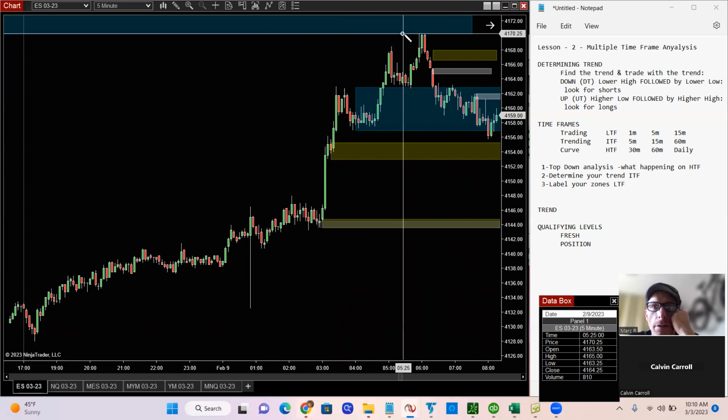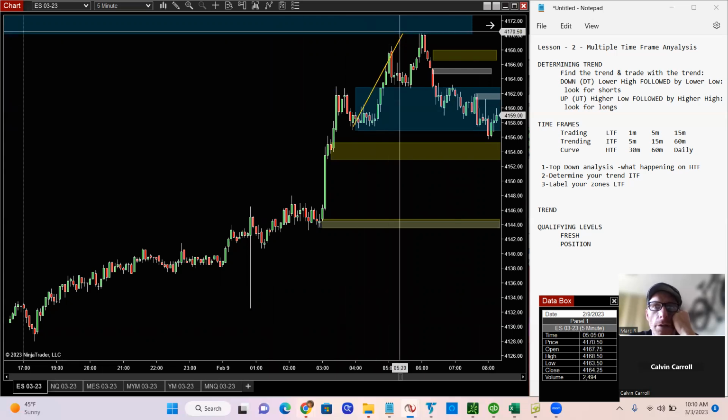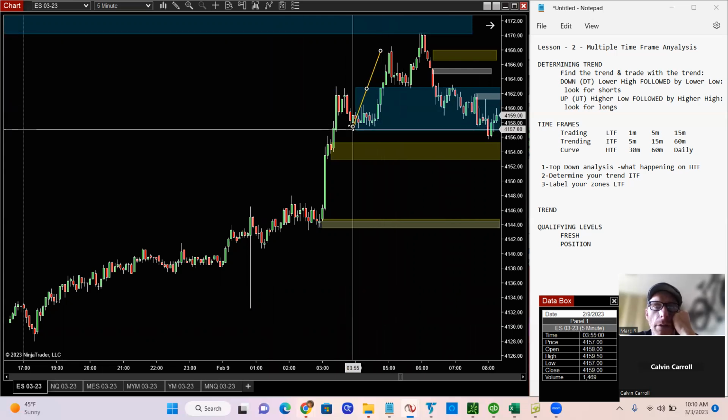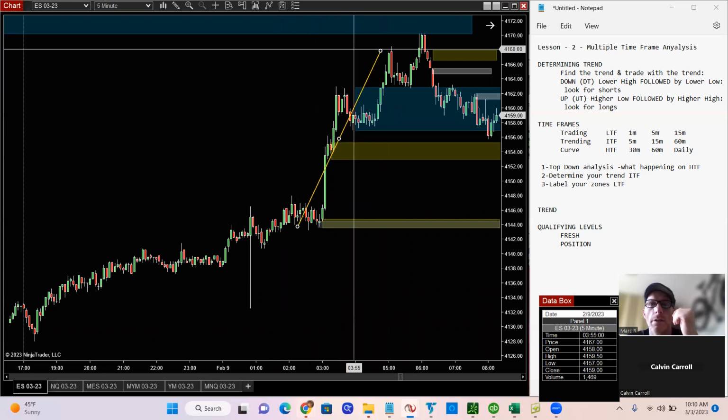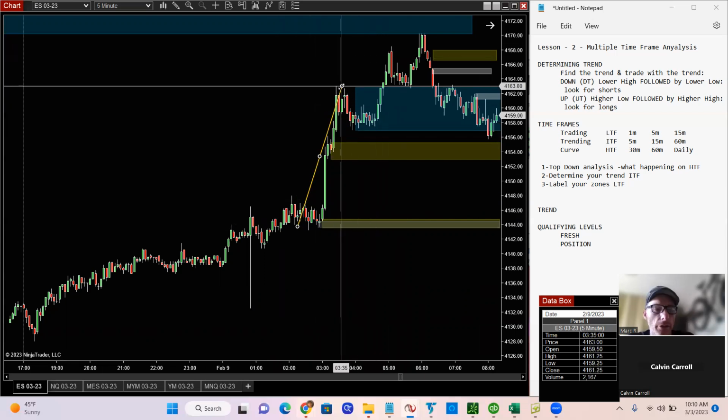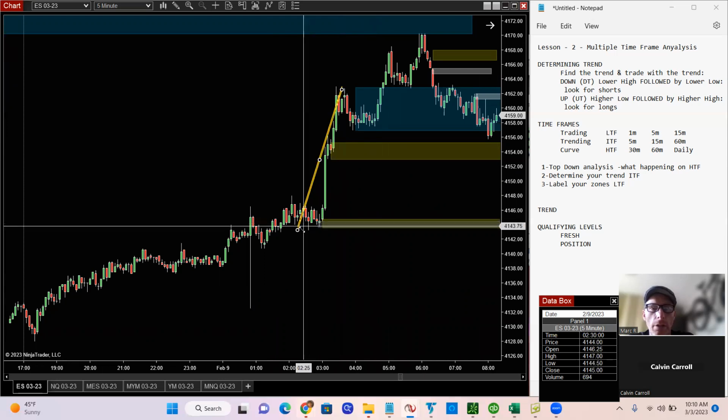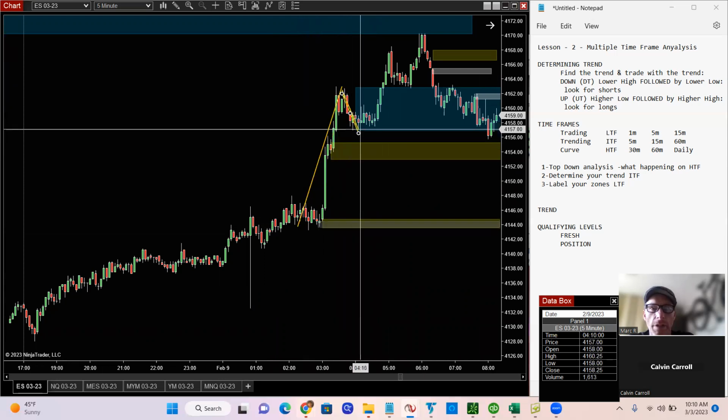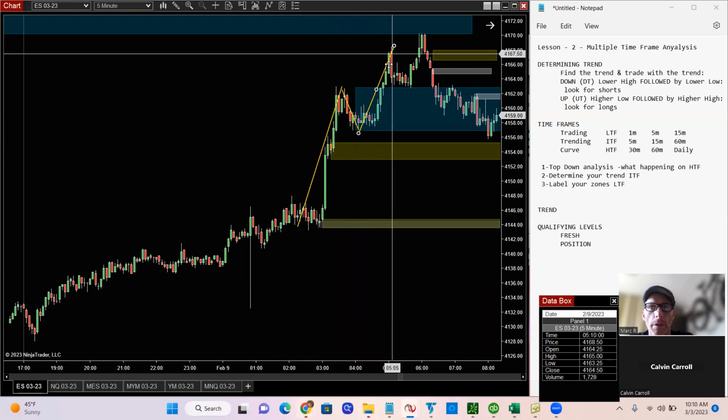Your 5-minute, well, let's start with what it was doing. So you get an idea of, okay, here's a swing, 5-minute swing, price is moving up, price is moving down, price is moving up, okay?